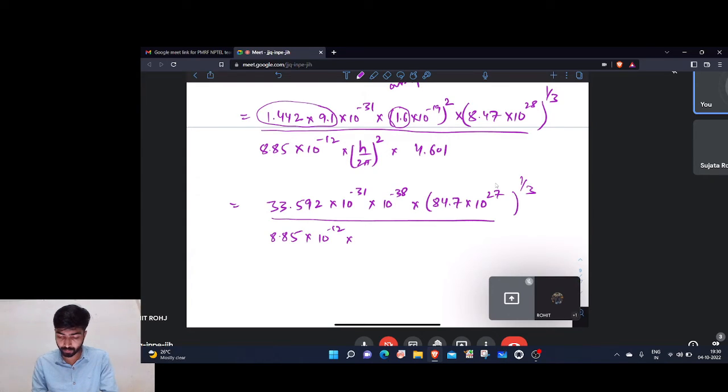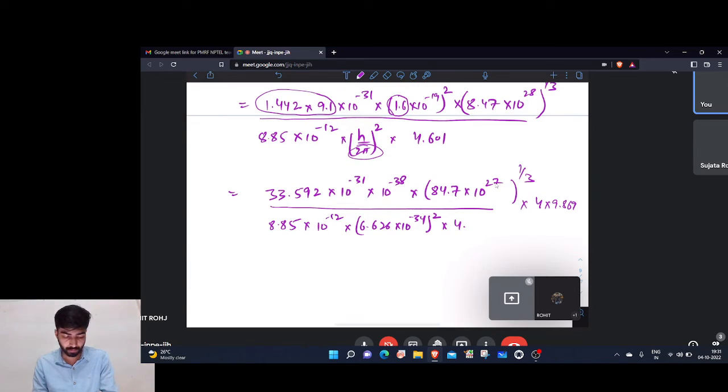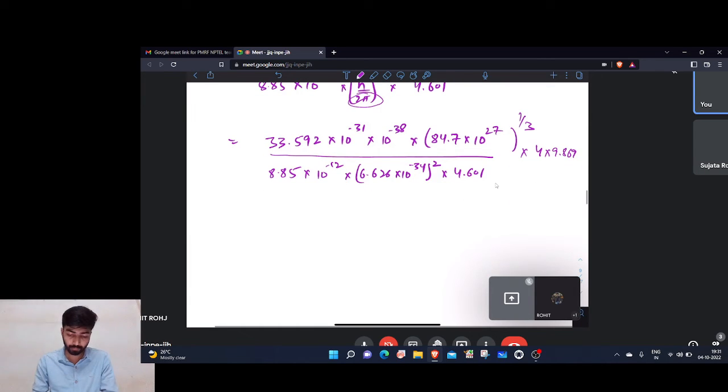Now h is 6.626 multiplied by 10 to the power minus 34, square, and the 4 pi square at the bottom goes into the numerator, becomes 4, and pi square is nothing but 9.869. We have accounted for that, and this becomes 4.6, stays as 4.601.